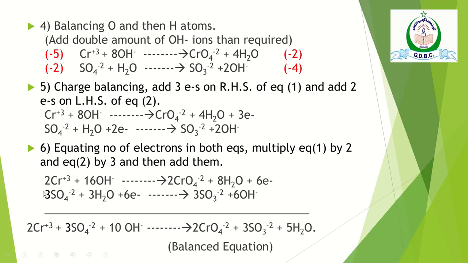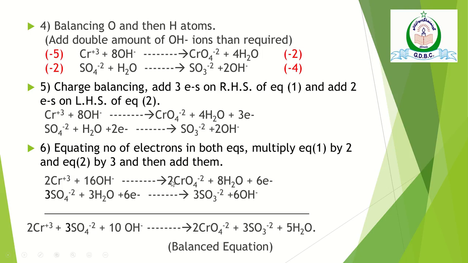So I will be adding these two equations: 2 chromium ions plus 3 sulfate radicals plus, altogether, these 6 hydroxyl ions will be eliminated from 16. So the net sum is 10 hydroxyl groups here.